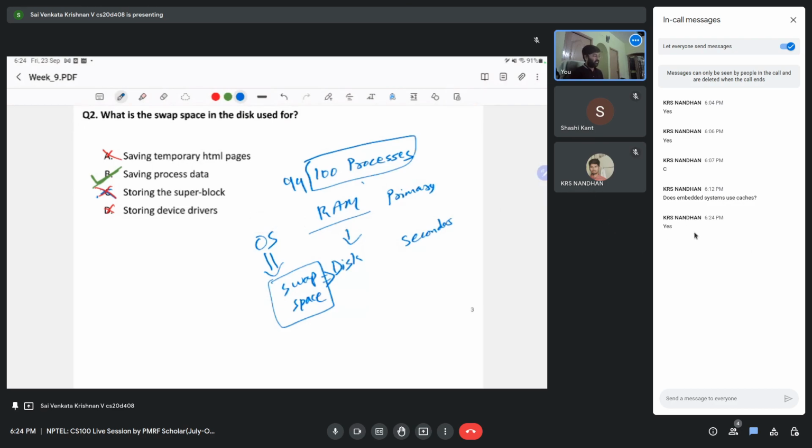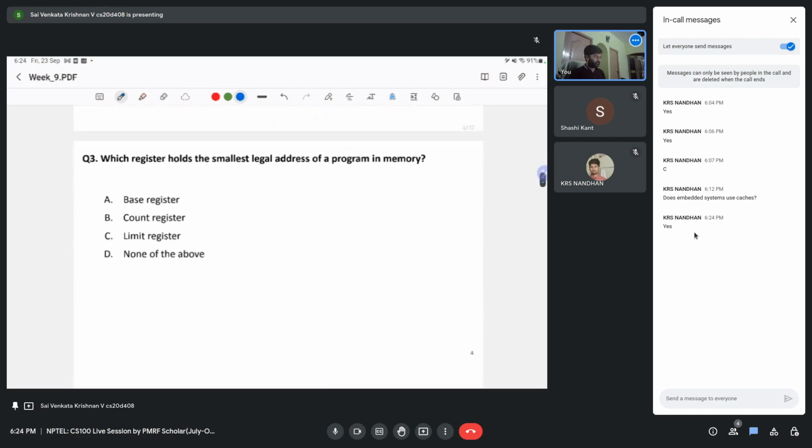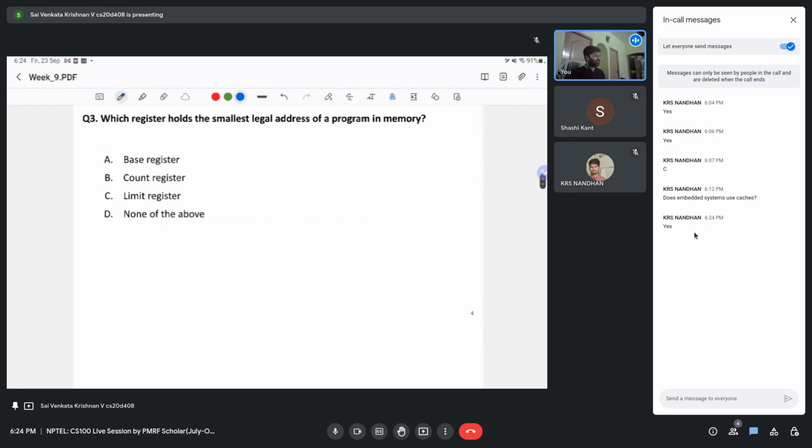Right. So in that case, let's move to the third question. Which register holds the smallest legal address of a program in memory? Is it the base register, or the count register? The correct answer is the base register. The other options are wrong because the count register is just a general purpose register.